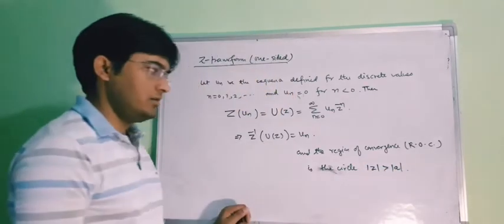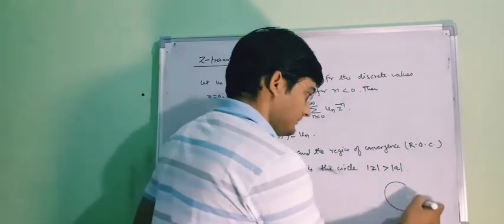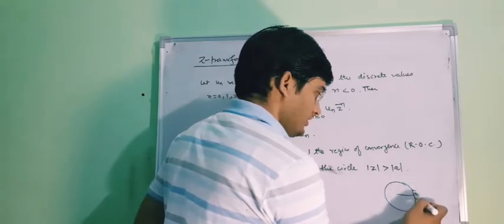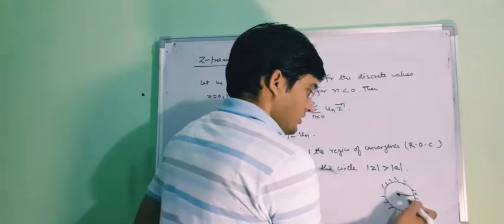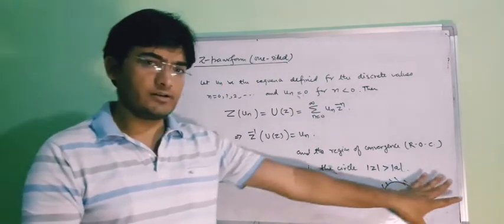That means the region of convergence is the outside portion of the circle. So this is the radius, and the region of convergence is outside the circle.